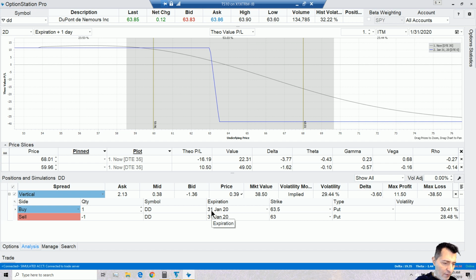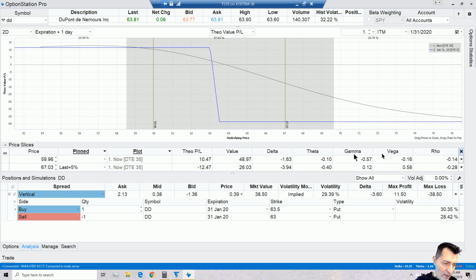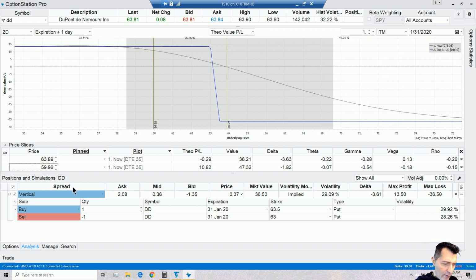Okay, so again, first let me confirm that we got 31st of January 2020. That is confirmed. Let me go ahead and add another price. Actually, I don't need to add one. I got another one. So we need to add price slice, which is 63.89. That is the entry. We need to also add the target, which is 59.96. Okay, 59.96. Okay, we got everything we need.